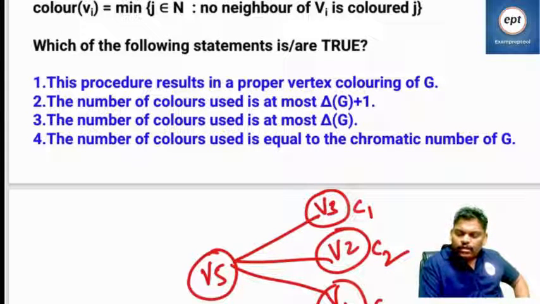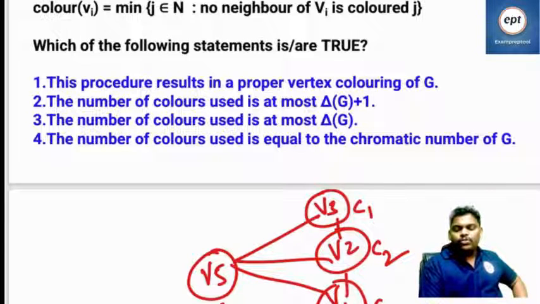So the V5 color is going to be the minimum number which is not there among its neighbors. C1, C2, C3 are there, so the color which you don't have, I can write C4, I can write C5, but the minimum number is C4.